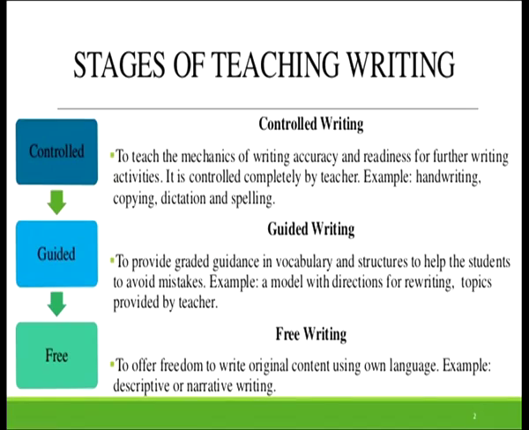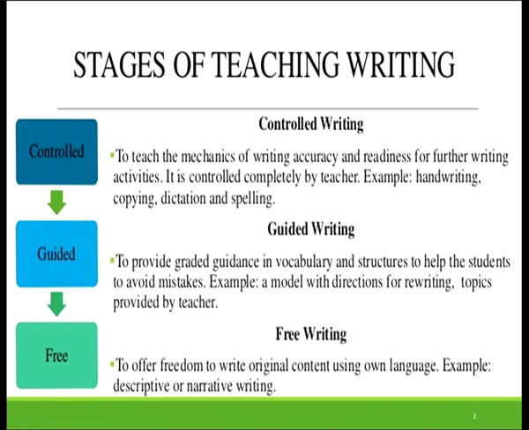Now, we will discuss stages of teaching writing. Writing can be of different types: controlled writing, guided writing and free writing. Controlled writing. To teach the mechanics of writing, accuracy and readiness for further writing activities, it is controlled completely by the teacher. For example, handwriting, copying, dictation and spelling. Then next is guided writing.